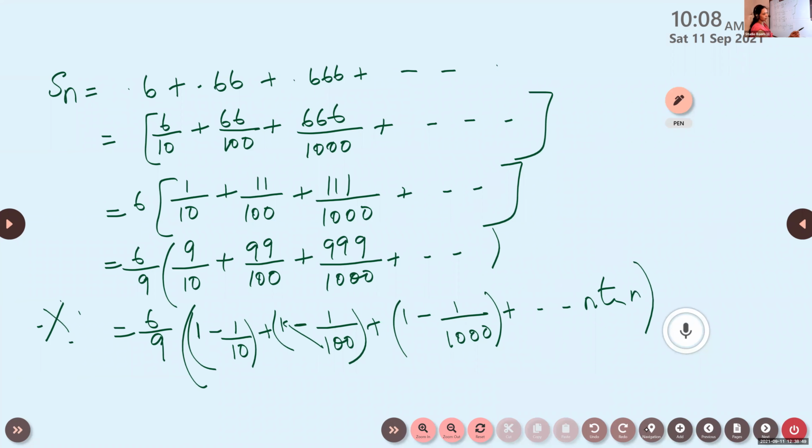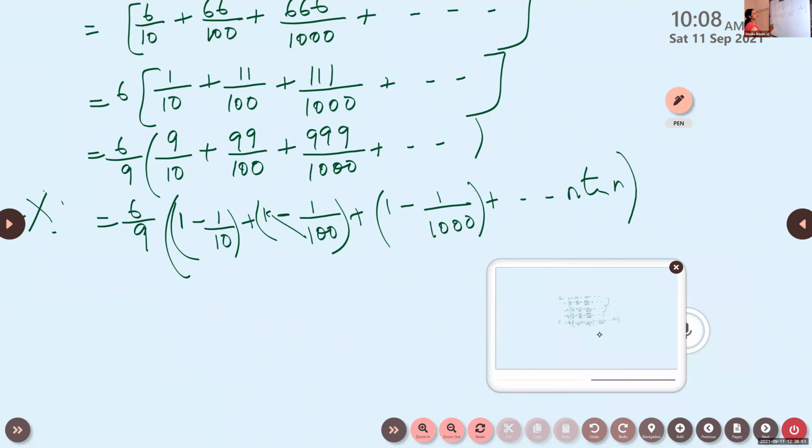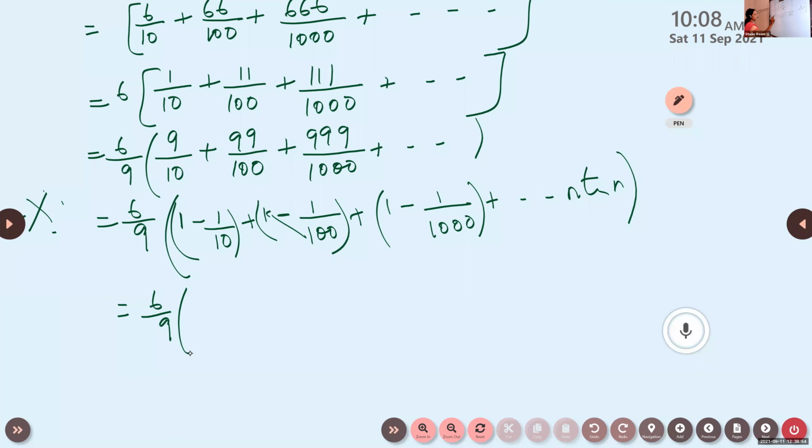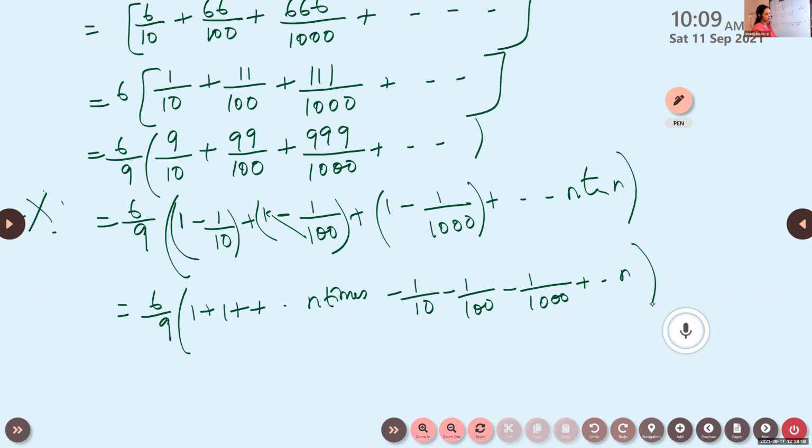So now group this: 6 by 9 into 1 plus 1 plus 1, n times, and the remaining terms, minus 1 by 10, minus 1 by 100, minus 1 by 1000, plus and so on up to n terms. So it is 6 by 9 into 1 plus 1 plus 1 n times; if you add, it is n.